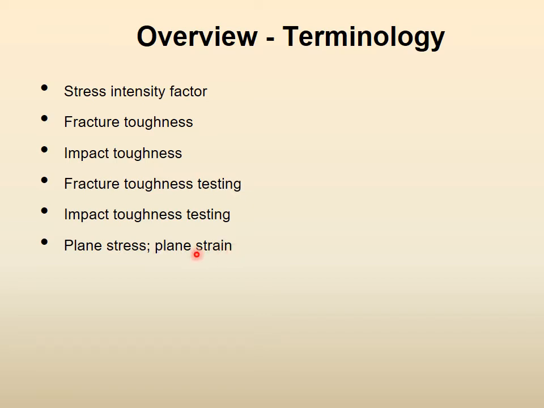Similarly, if one of these strains, gamma X, gamma Y, gamma Z, is negligible compared to the other two, then you study only the significant two. So the strain is supposed to be in one plane. So of course all the mathematics and all the mechanics will become much simpler if a real world case can be treated as a 2D case, and it happens under certain conditions.